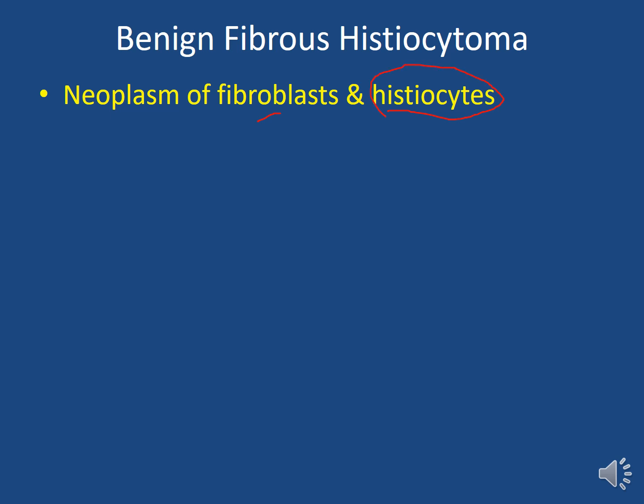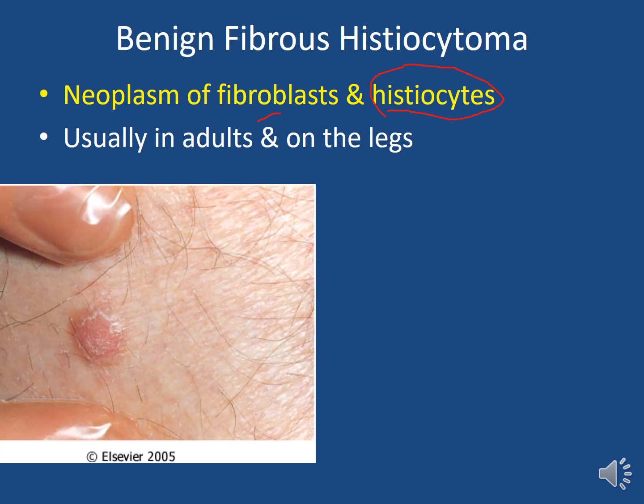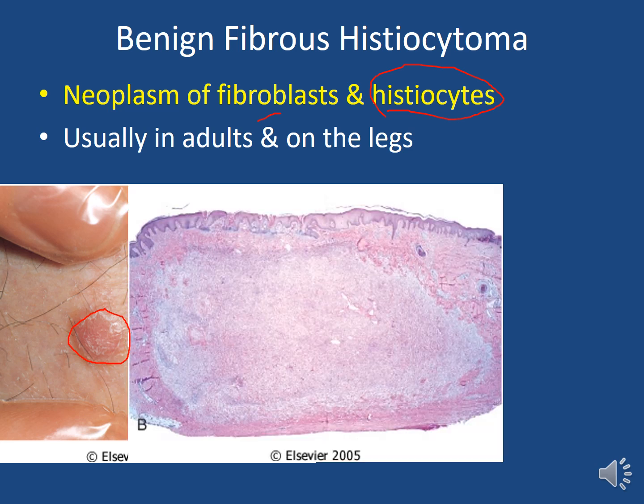The histiocytes are the macrophages that are residents in the dermis. Usually, you will be able to see this benign tumor in the legs of adults with this characteristic appearance, solid, nodular masses in the legs.